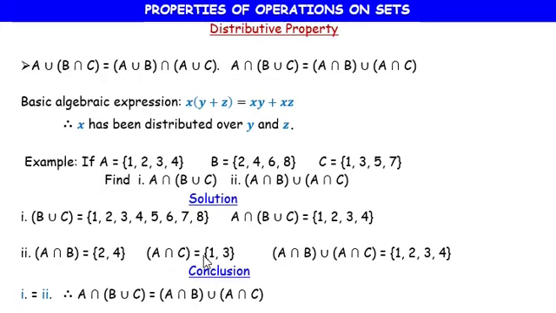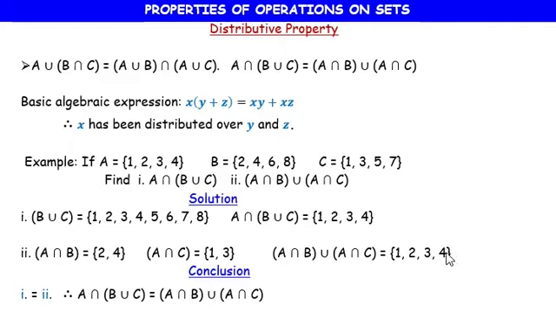A intersection C is 1 and 3. So as you can see, 1 is here, 1 is here, 3 is here, 3 is here. So it is 1 and 3. So we are just going to find the union, meaning you are going to combine this set with this set, right? So A intersection B union A intersection C is equal to 1, 2, 3, 4.